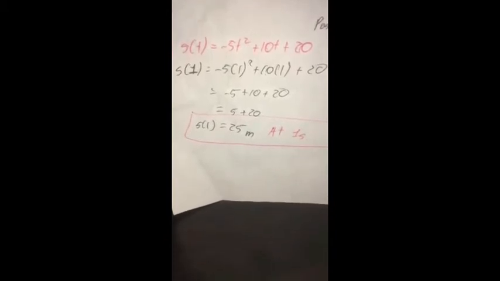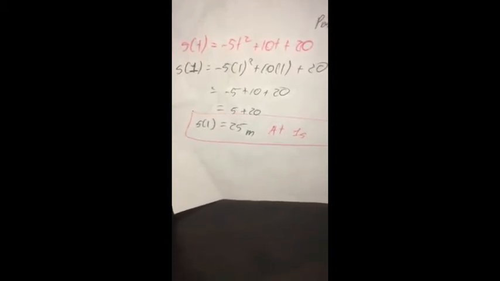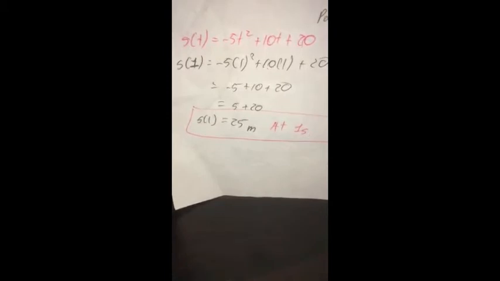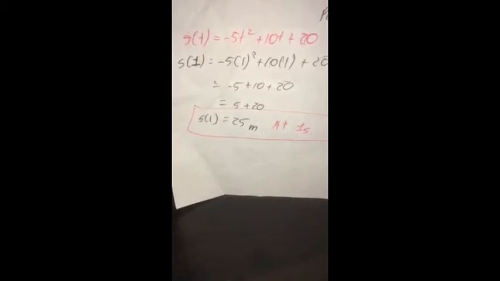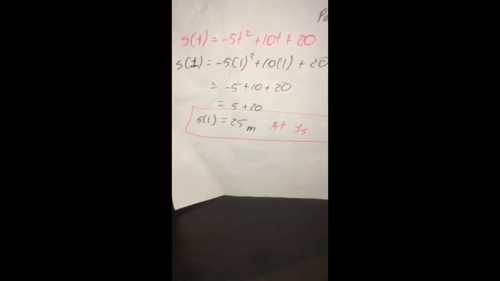So we just add and subtract the values, and after all we can see that the position is 25 meters at 1 second.